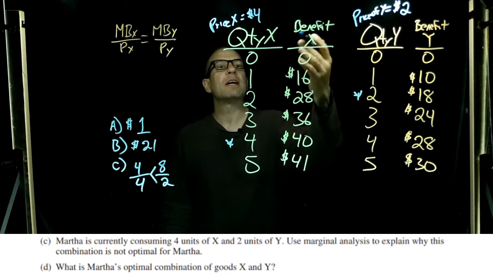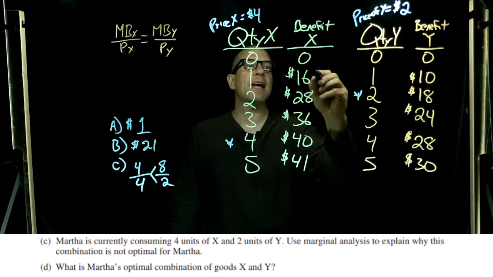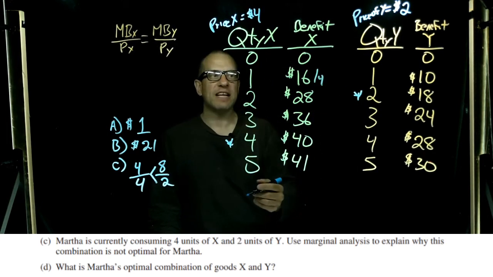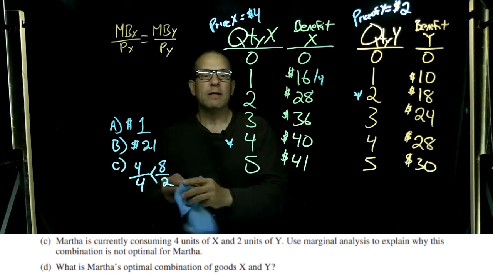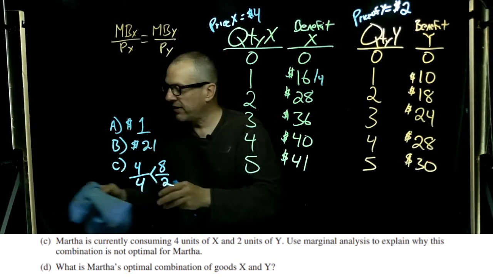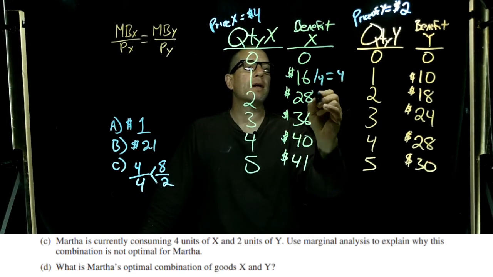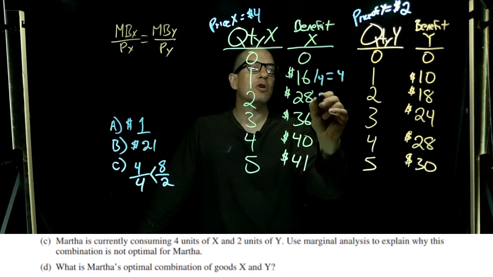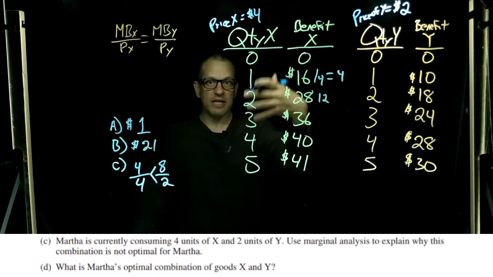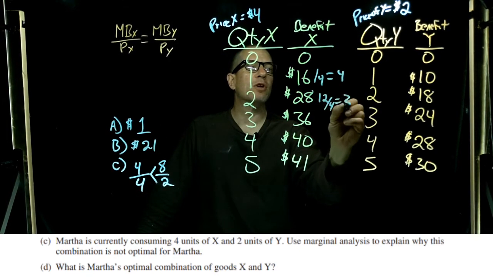And so for the first item, good X here, she gets $16 of benefit out of consuming the first product. So we're going to take that and divide that by the $4 that unit costs, and that gives you your marginal benefit per dollar. So right here, that's going to equal 4. Divide this marginal benefit, it's going to be 12, the next additional amount of benefit, divided by 4 equals 3.